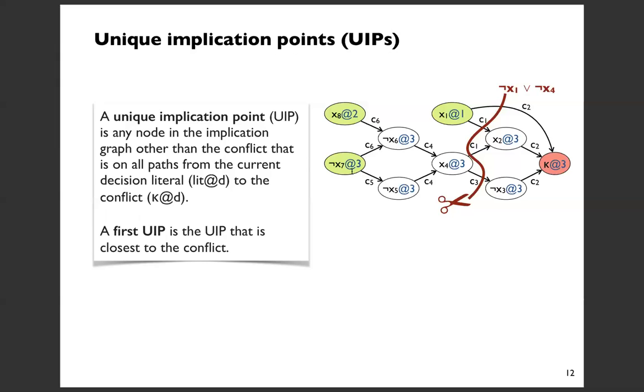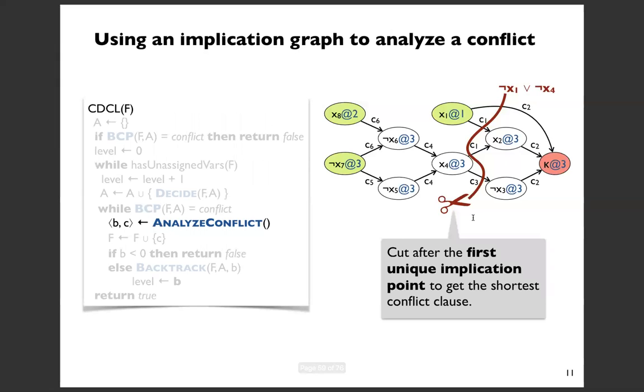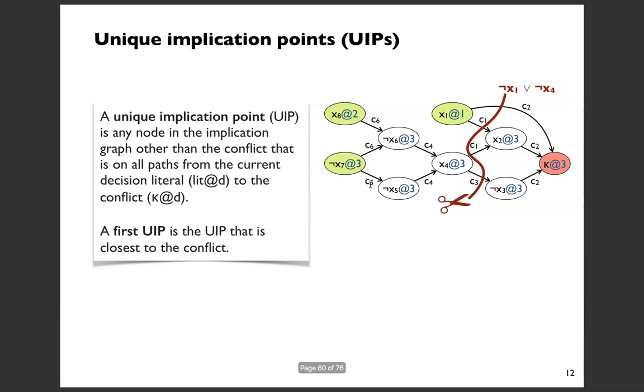And the source node, of course, has to pass through. And that is the criterion that you use. And of course, the source node, not X7 at 3, is also a unique implication point.